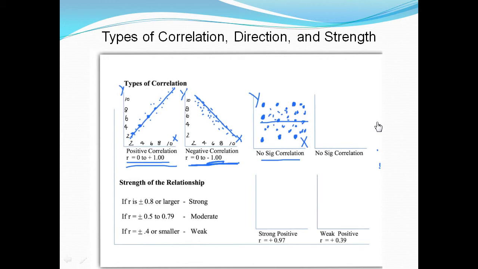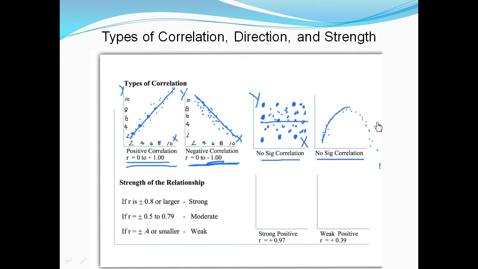The second scenario in which we might find no significant correlation, no linear relationship, is when data points fall in a curved pattern. And this, in fact, is called a curvilinear relationship. If I try and draw a single straight line, it's impossible to do it.